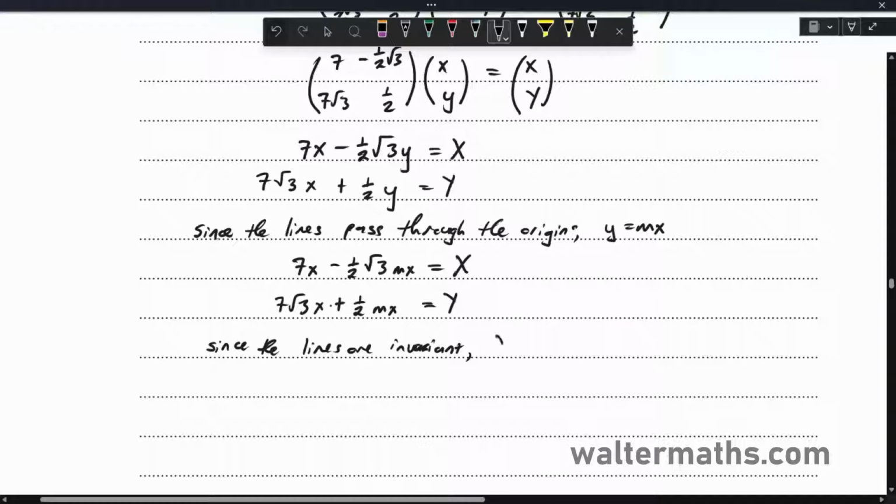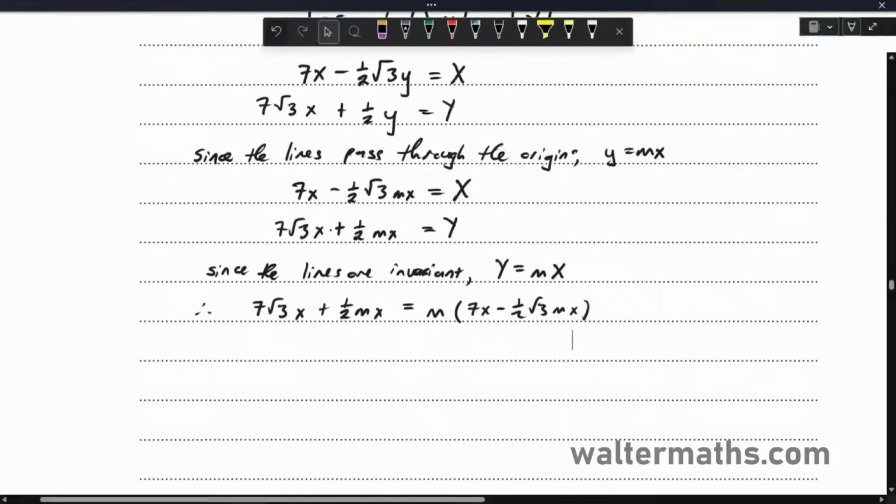Since the lines are invariant, the image will also take the form y equals mx. Which means for y, which is 7 root 3 x plus half mx, should be equal to m times, 7x minus half root 3 mx.